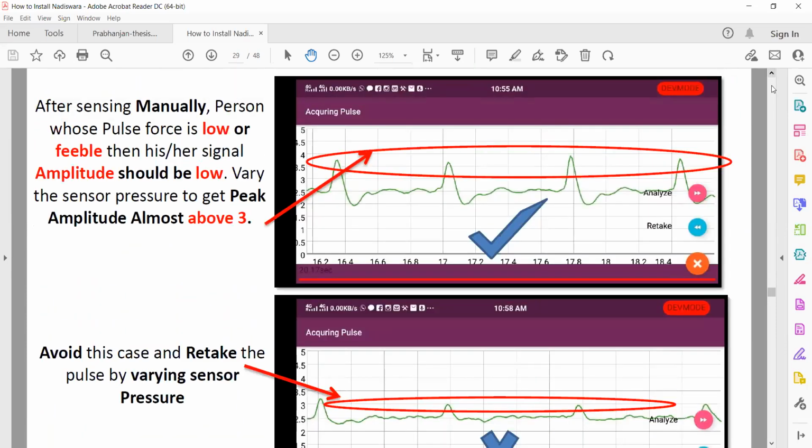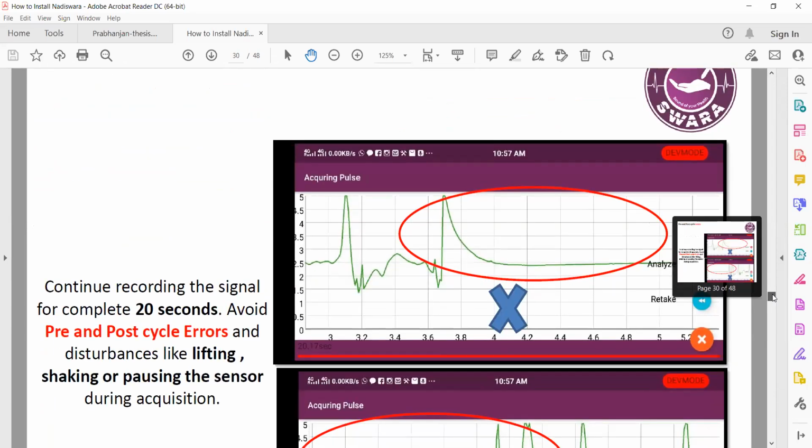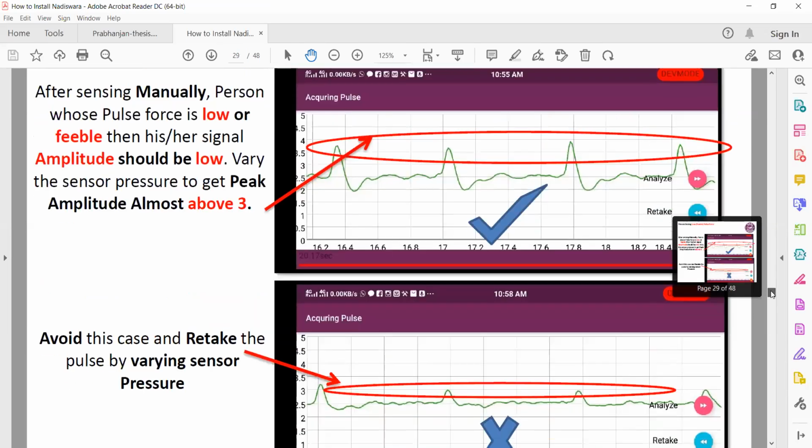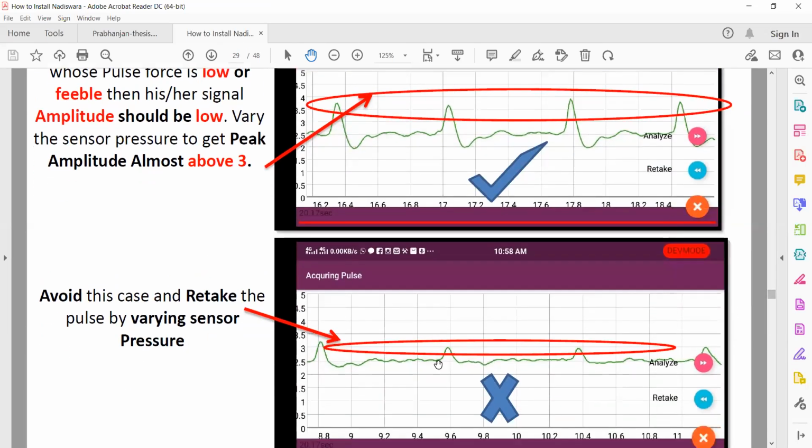And you can see one more case here. Now for this person, the signal is damping here. Initially we got higher amplitude.